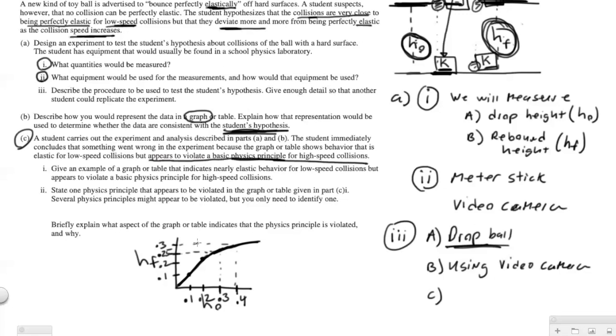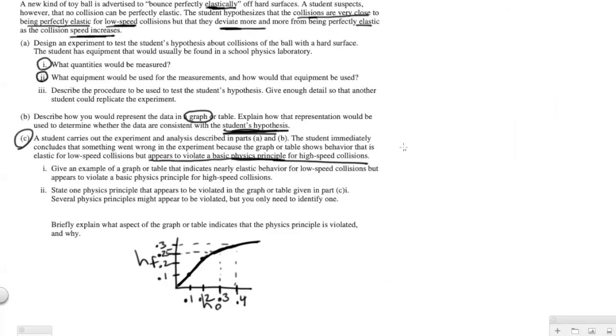So in other words, as the drop height gets bigger and bigger, let me clean this up. What this is saying is, we drop the ball from a low height right here, and from a low height, it's very elastic, right? Meaning it returns to the same height, mechanical energy is conserved.